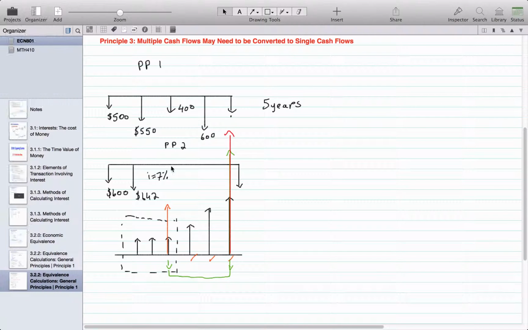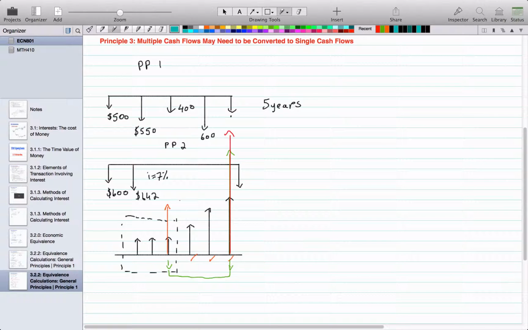When I say convert this cash flow, I mean take this single cash flow and you can find its economic equivalent not at just the future or at the end of the period, but at any period if you are given a certain interest rate. So that's what the third principle is really about.